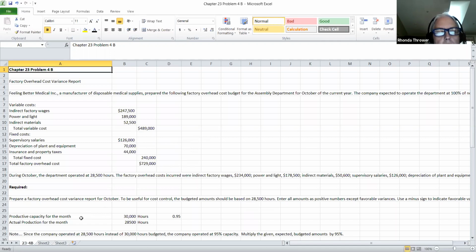They have given you the productive capacity for the month, and that 100% normal capacity is 30,000 hours. The actual amount that we produced was 28,500 hours. So what's happened here is we are operating below 100% capacity, and what you'll need to do is find the percent that you're operating below capacity.